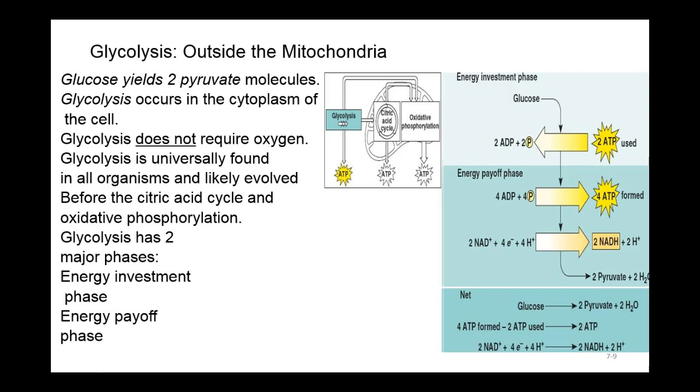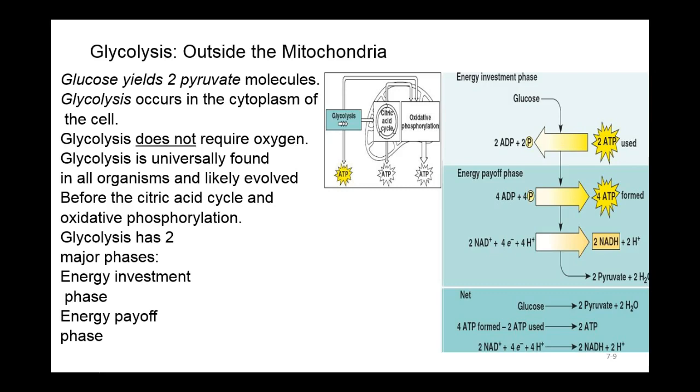So if we look at this, remember this is happening in the absence of oxygen, in the cytosol. Glucose is broken down into 2 pyruvate molecules, and 2 ATP are used in order to do this. Then in the course of ATP being produced from those pyruvate molecules, you have the payoff.